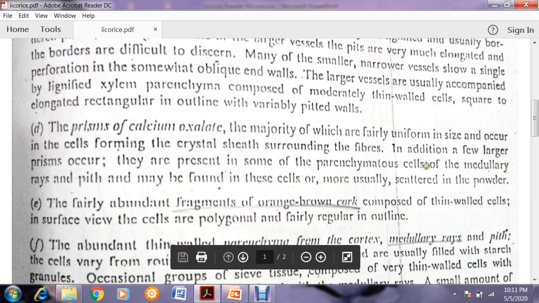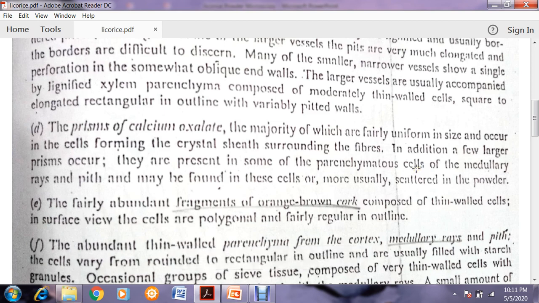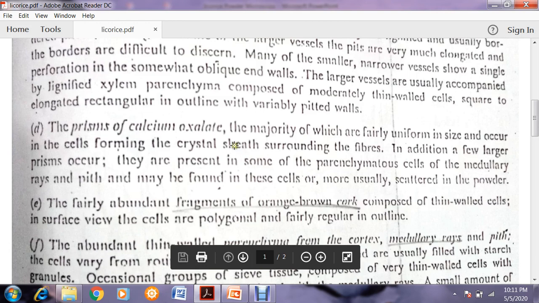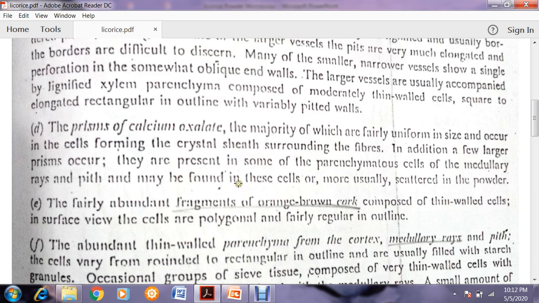In addition, a few larger prisms occur. They are present in some of the parenchymatous cells of the medullary rays and pith, and may be found in these cells or more usually scattered in the powder. So the calcium oxalate may be scattered or may be present as a sheet around the fibers and vessels.